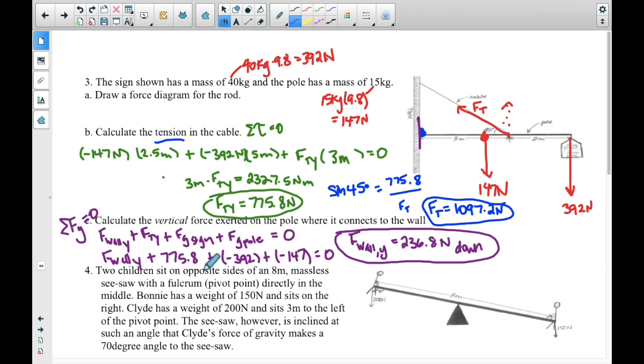And if we look at our original equation here, that must be acting down because these numbers fall short of 775. And we've got 775 pulling up. And so this wall, in this case, must actually be acting down, which is a little bit strange, but that sort of means that we have 236 newtons that we can still apply to this where it would not fall down.